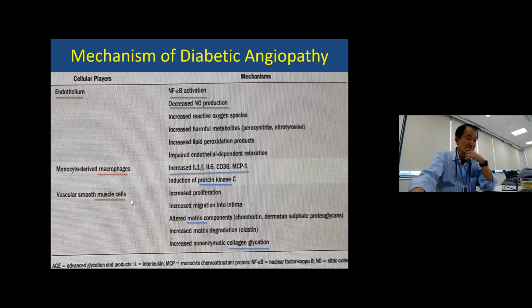And then the endothelial vascular wall, but also smooth muscle cells, proliferate and thicken, so the lumen becomes narrow. And there's a lot of matrix, like chondroitin sulfate proteoglycans, accumulated, and elastin degradation increases. And collagen glycation also increases.